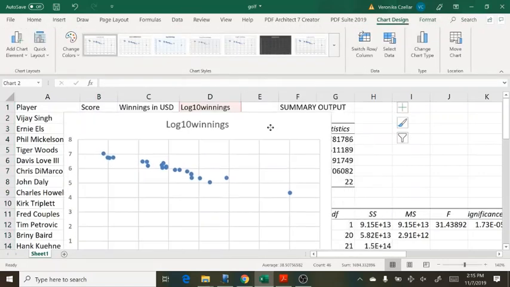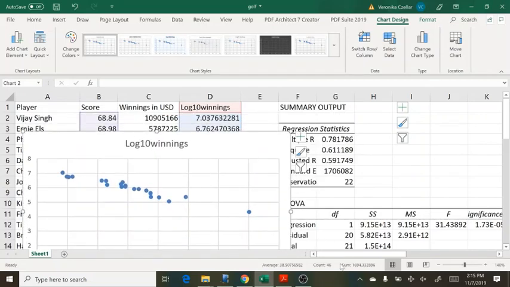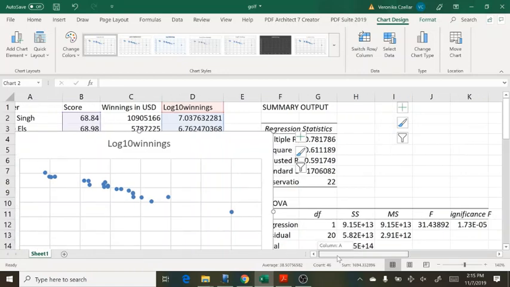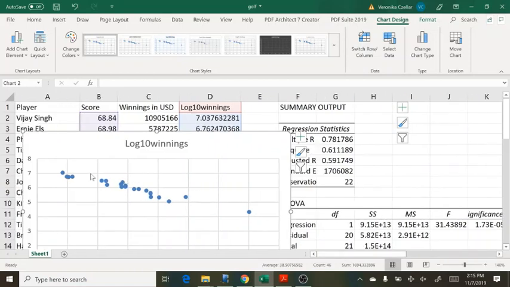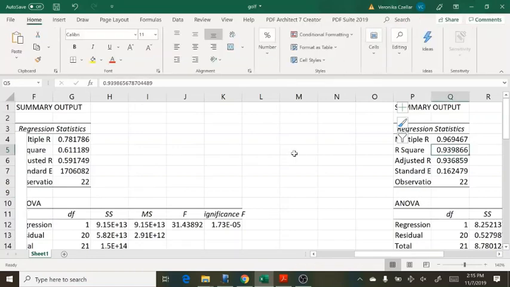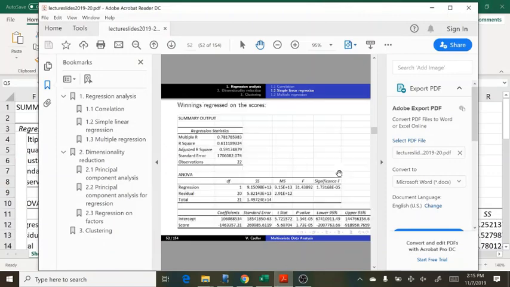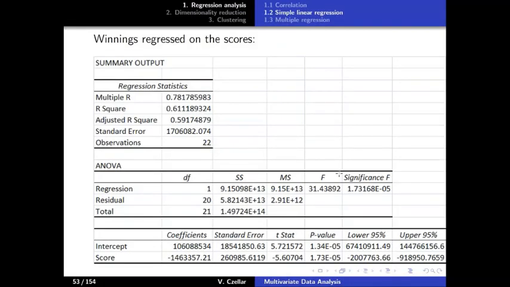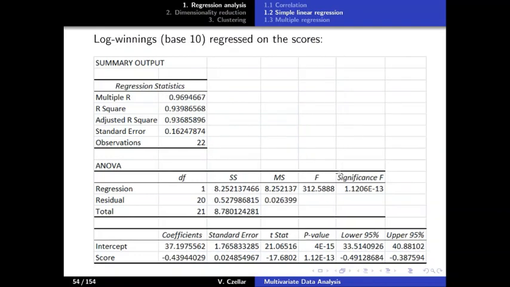See, this time it looks much more linear than the previous scatter plot. So even if my relationship between the winnings and the score is a nonlinear one, by simply doing a transformation of my y variable, I managed to reach a linear relationship. And indeed, my R-square jumped from 61% to 94%. This is what I reported here: this is on the scores, and this is now using the log winnings.